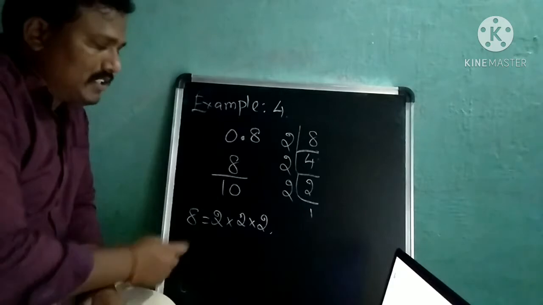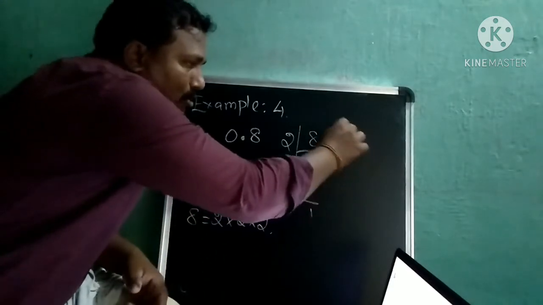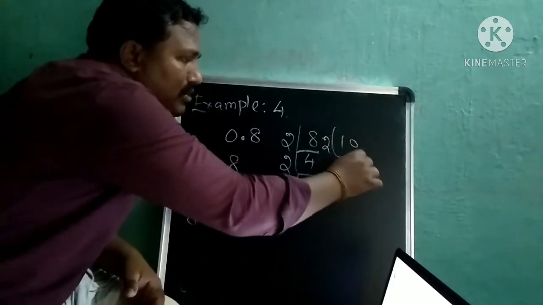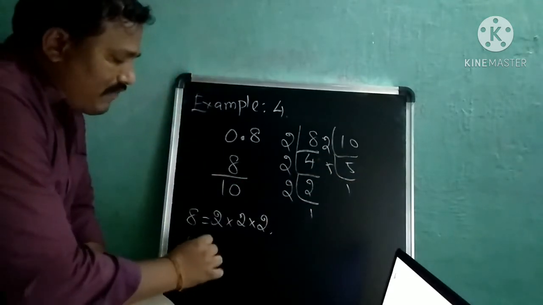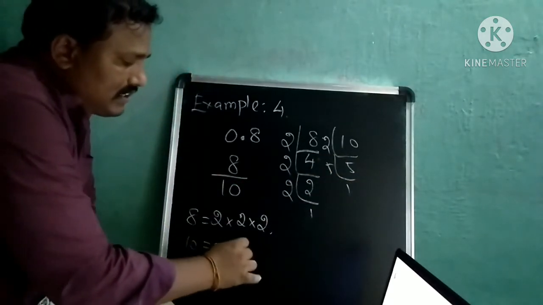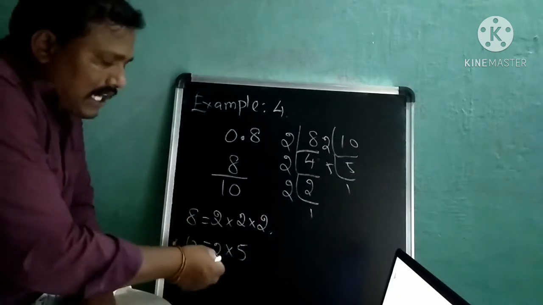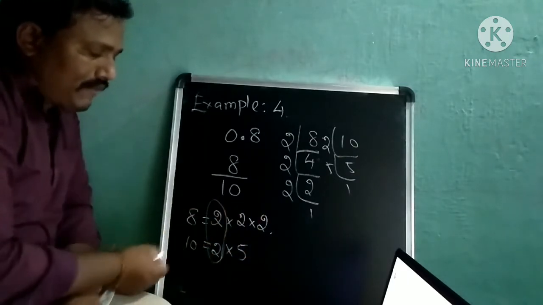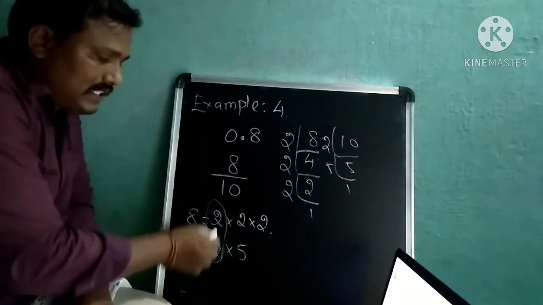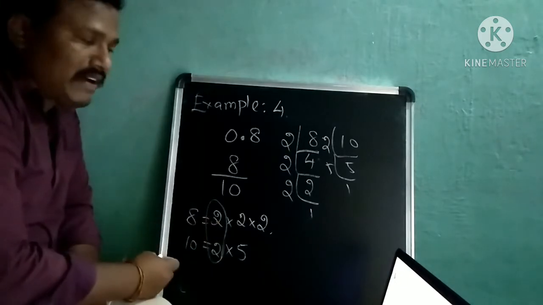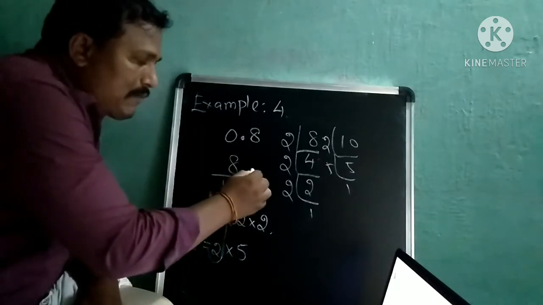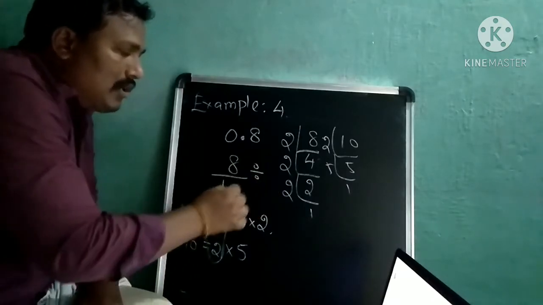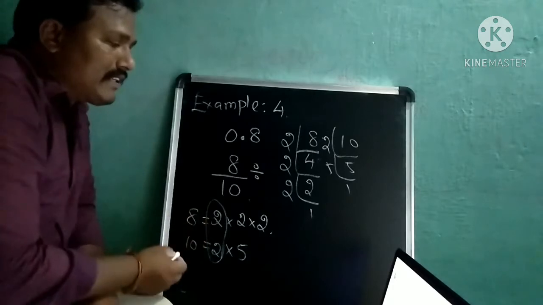For 10, I am going to find the factors: 5 2s are 10, 5 1s are 5. So 2 into 5. If you see, only 2 is the common factor. So for that I am going to divide both numerator and denominator.